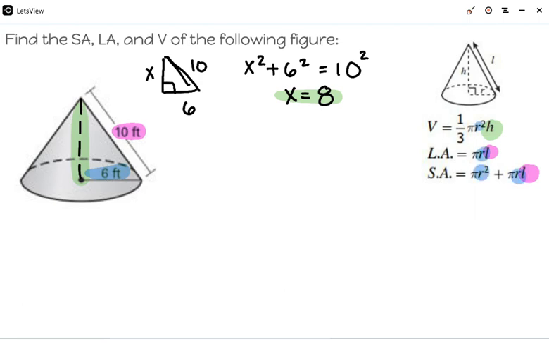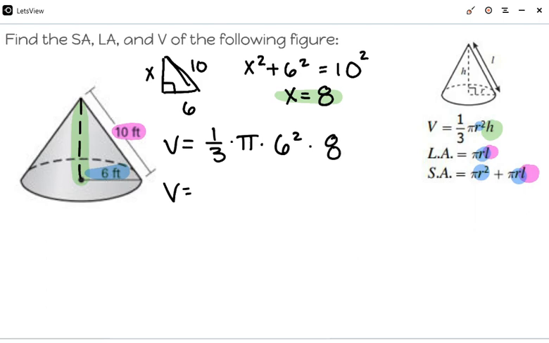So now this is the hardest part, is just we plug in. Volume equals 1/3 times pi times our radius squared times our height. If you are to leave this in terms of pi, that is going to give us 100. Oopsies, I realized my height, oh, I did goof on this one. Hold on, our height is 8.